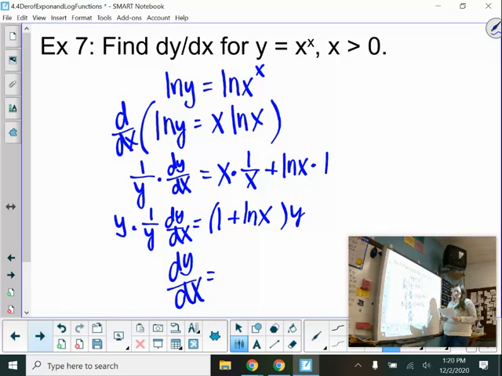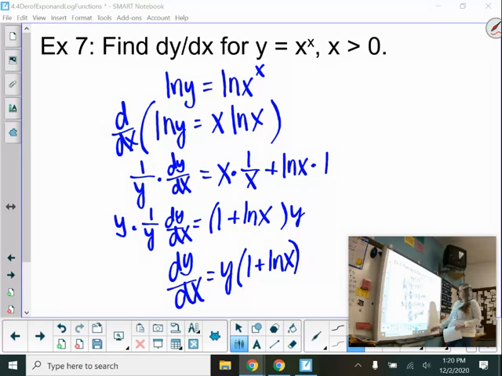You can distribute, you don't have to. But there is a substitution we can do here at the end to get a derivative that is just in terms of x. If you notice here, we have this y, and I know what y is equal to. According to the original problem, y was equal to x to the x.